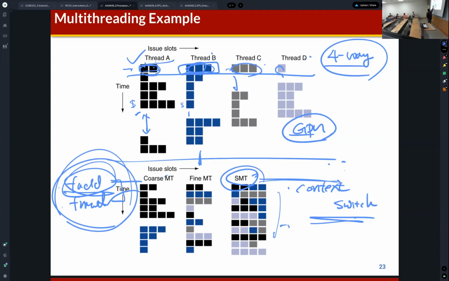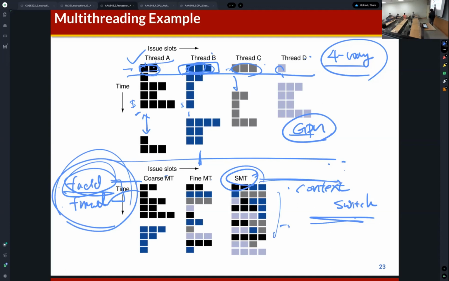It will take 5 or 6 cycles between these instructions, but a processor may not find any available instructions, even though out-of-order processing is applied. That is the disadvantage of coarse-grained multi-threading. Then, why do we use fine-grained multi-threading?